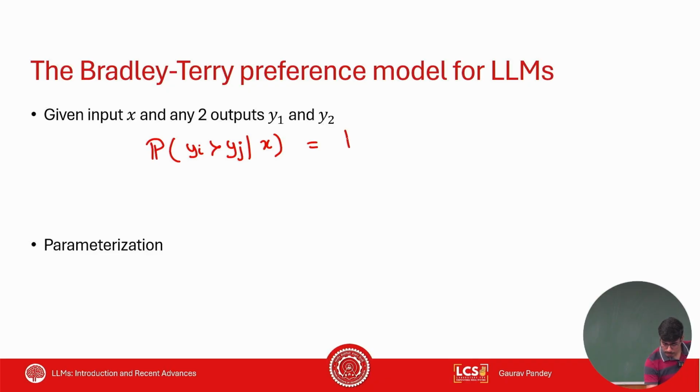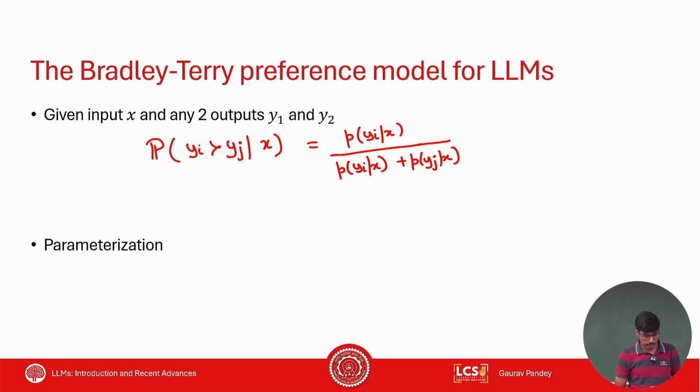Actually, this can be any score, but I'm using the term p of yi given x. Instead of p of yi given x, you can use whatever score function you want. These are the quantities that you want to train. These are trainable quantities.